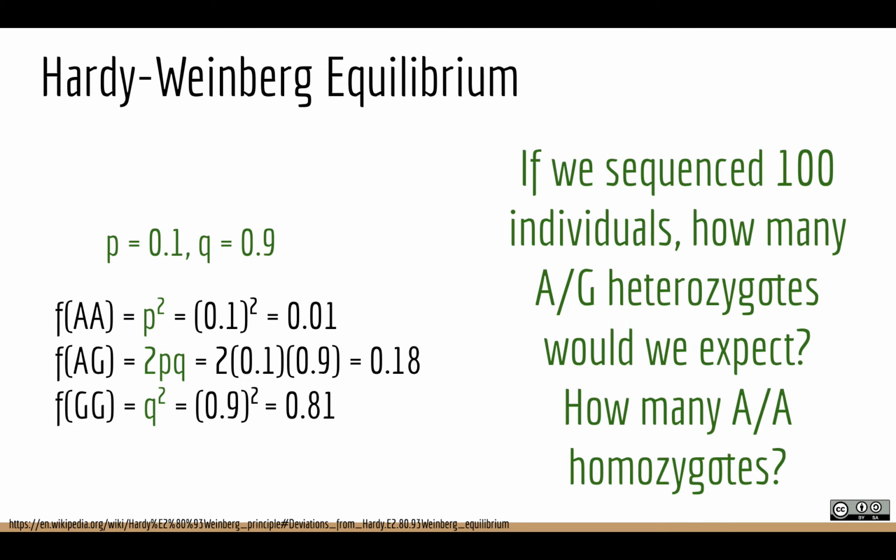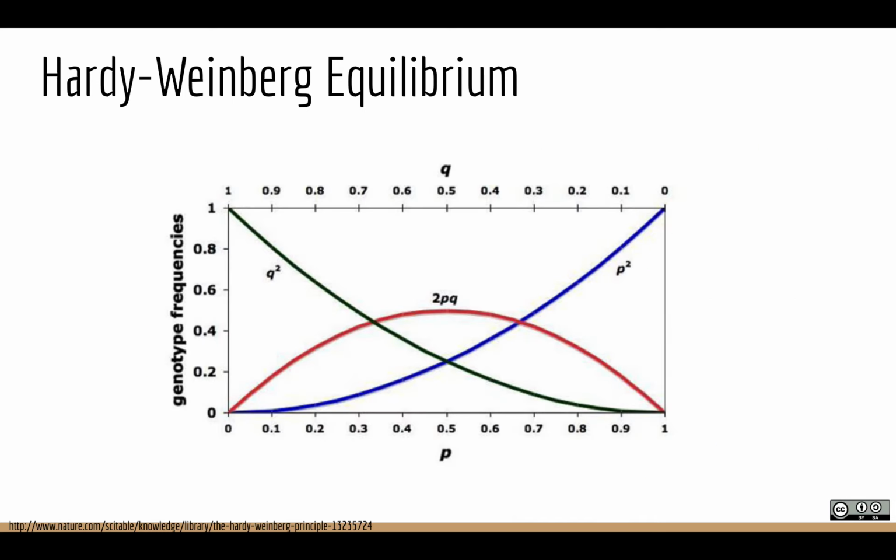So given these frequencies, if we sequence 100 individuals, how many heterozygous AG individuals will we expect? 18, that's right. How many AA homozygotes? 1, right? And 81 GG homozygotes.